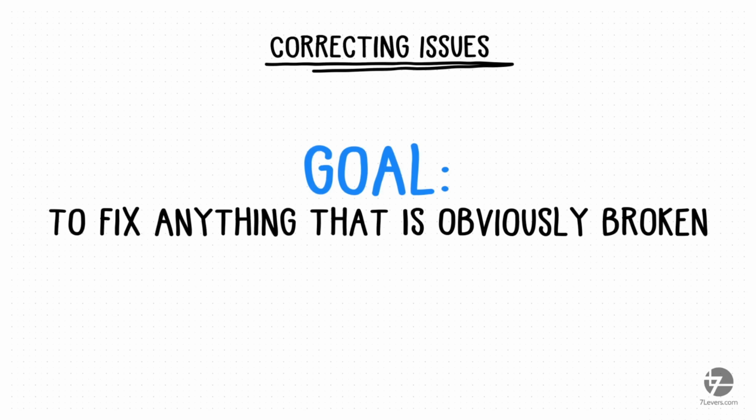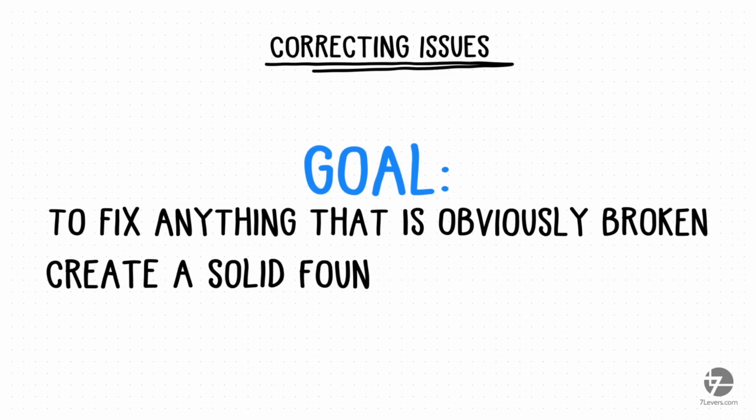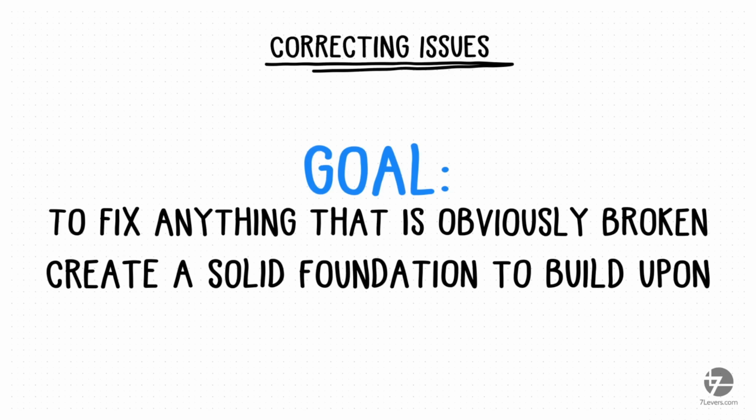It's the final step in the profit foundations process, and it's vital because what we need to do is plug the holes, fix anything that's obviously broken and not working so that we can create a solid foundation to build upon. We don't want to press on and apply our 10% wins and our tactics in the profit growth if we're building on an unstable foundation.